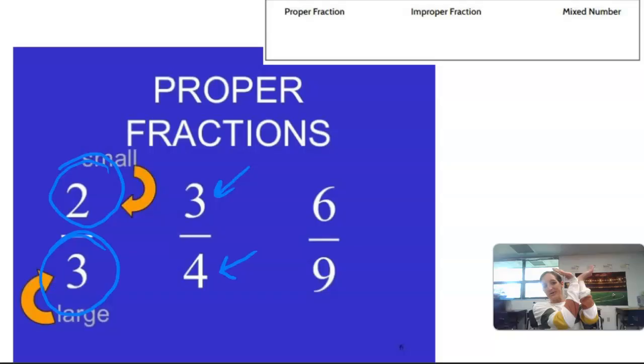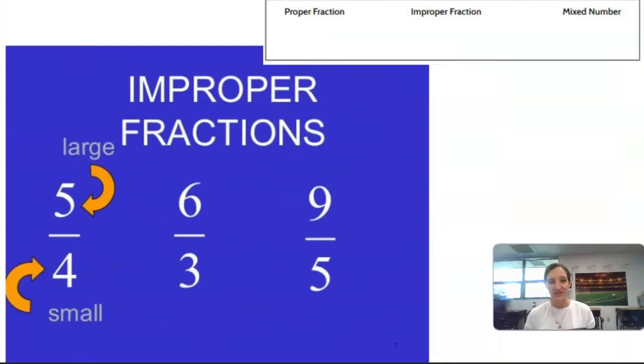The ones where the males are usually on the bottom, the females are on top, and you have to have a big buff male to hold up the little cheerleader. So that's the proper way to be a cheerleader, right? The bigger number, the bigger cheerleader, is on bottom. So put a proper fraction up here, doesn't matter which fraction, it just needs to be proper. The bigger number will be on bottom. That is a proper fraction, okay?